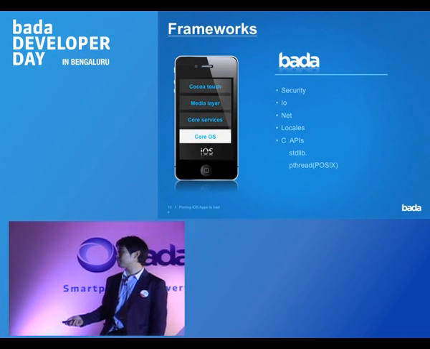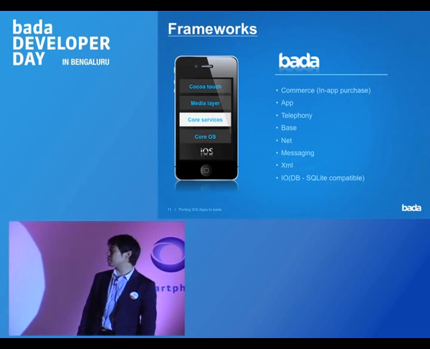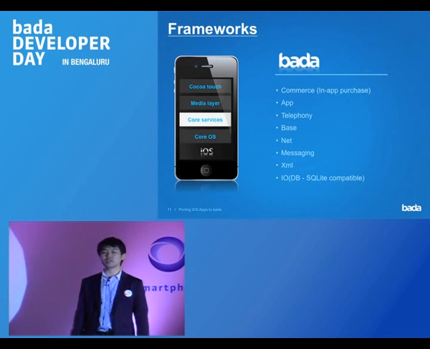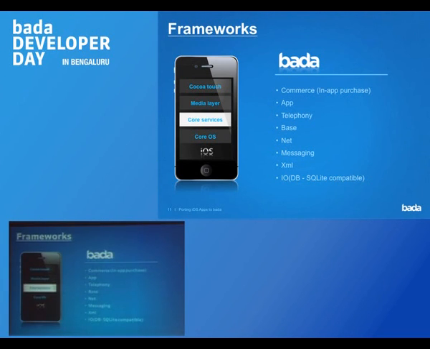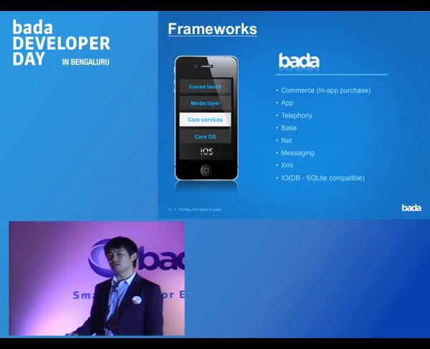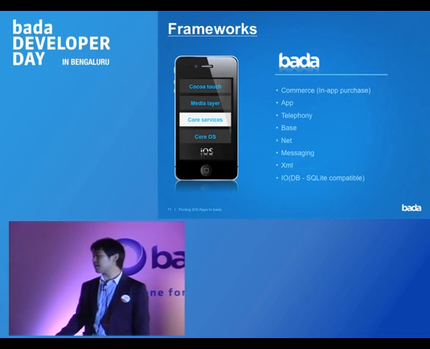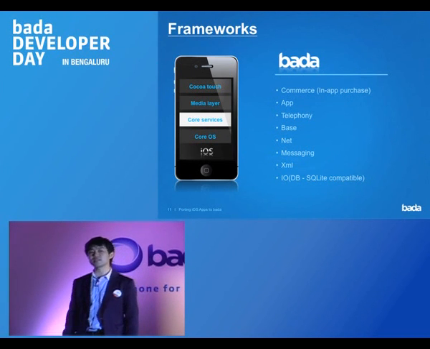with the C APIs. And the second is Core Services. For in-app purchase, we have the namespace commerce, so we support in-app purchase with this. The app framework handles the life cycle, telephony calls, MMS and SMS. The base is basic functions like collection classes and string classes.